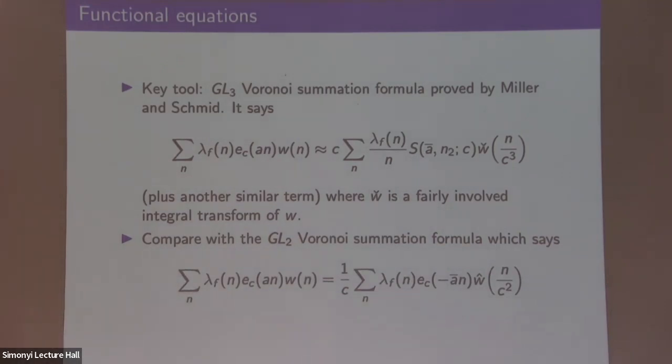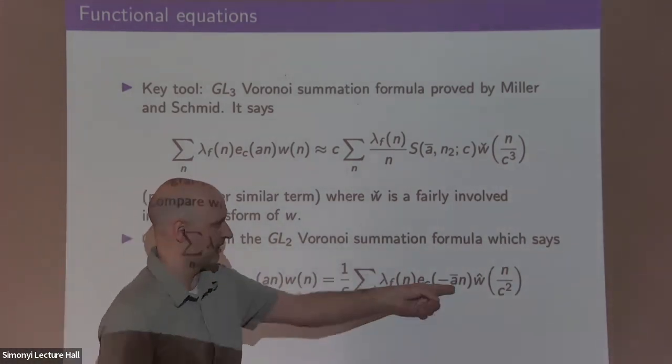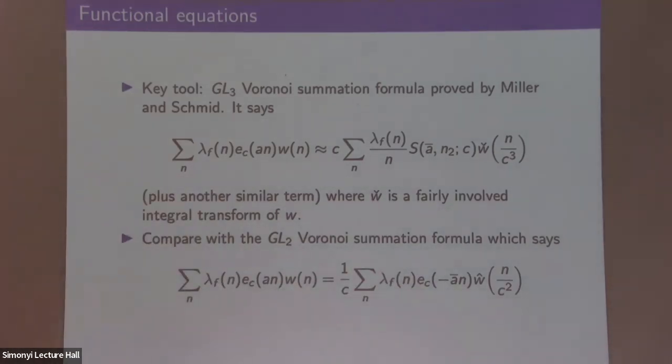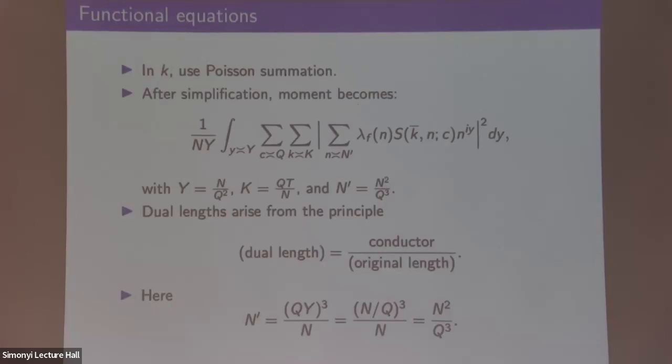Just to compare, on GL2, the Voronoi formula still has the additive character on both sides, but you swap a with a bar. So this is similar in some ways, but different in others. For the k sum, there are no GL3 coefficients there, so we can just use Poisson summation on that variable.